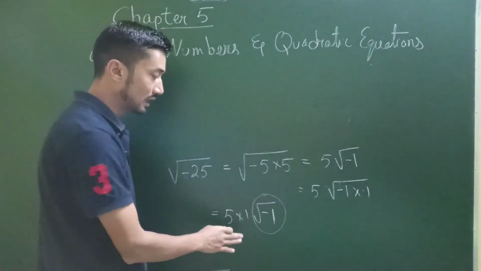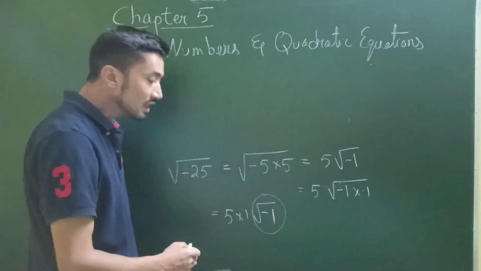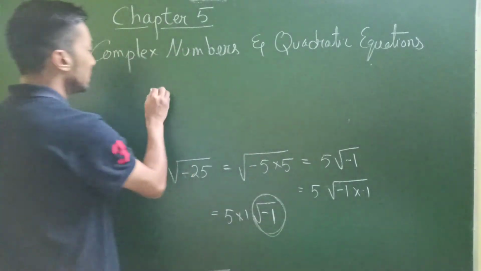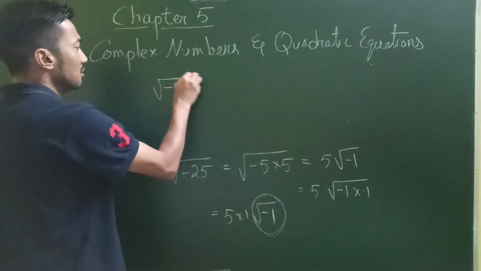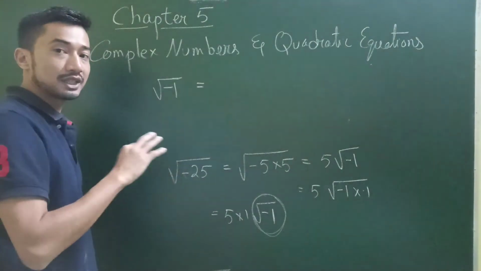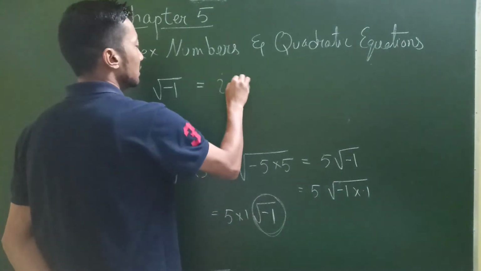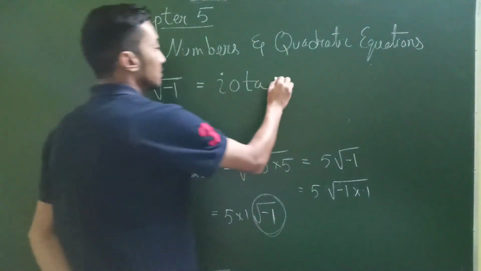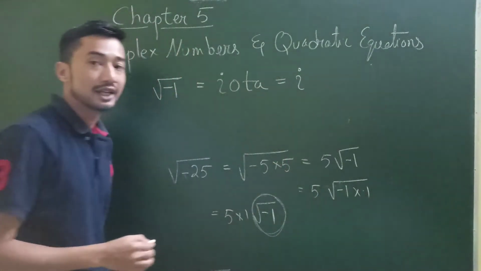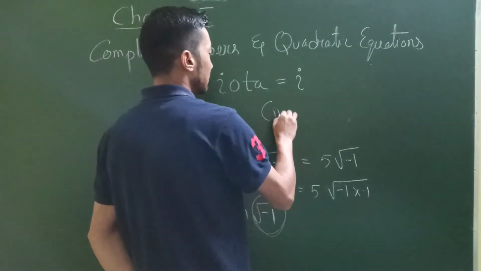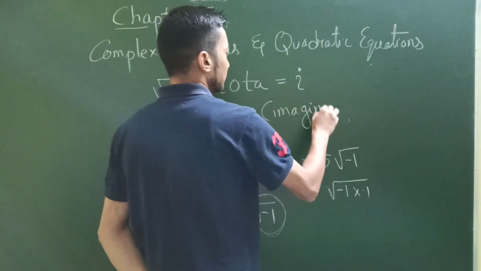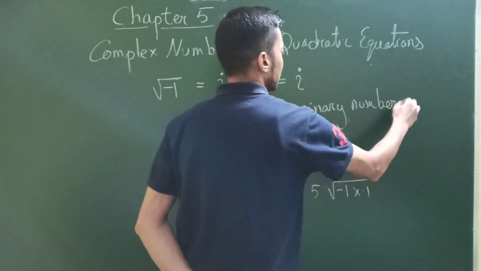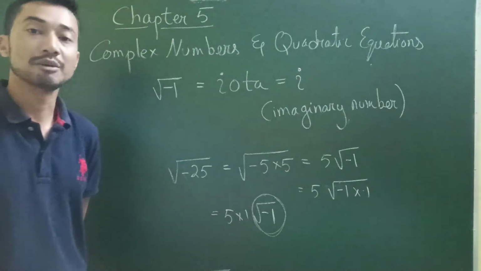We cannot go beyond, and that's why the Greeks gave a special name to this particular problem. The Greeks have named this particular problem iota, and it is written in short as I, which actually represents an imaginary number.